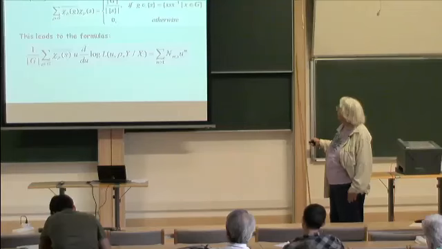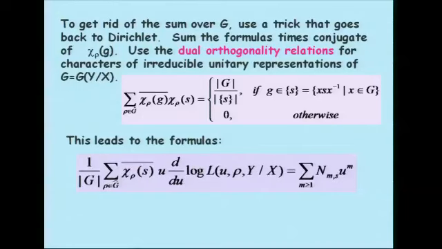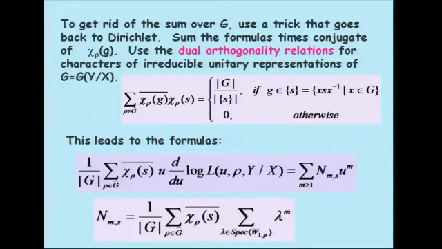So now I've gotten rid of the sum over group elements S and isolated the n sub m of S. And similarly, that gives me a formula involving the spectrum of the W1 rho matrix.